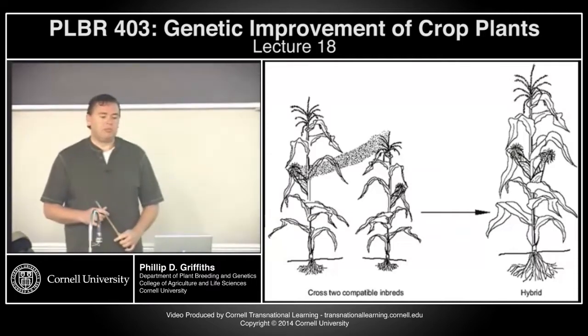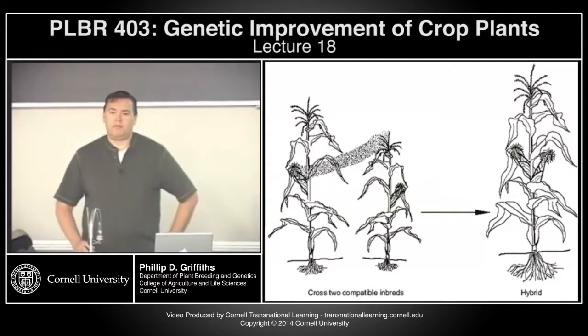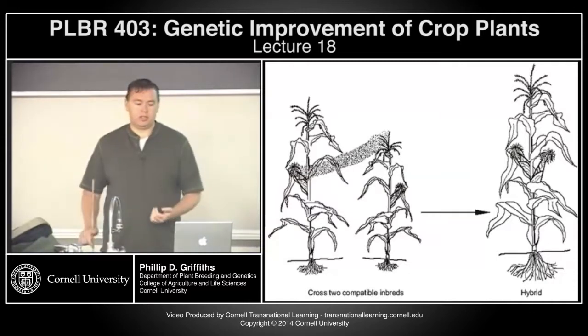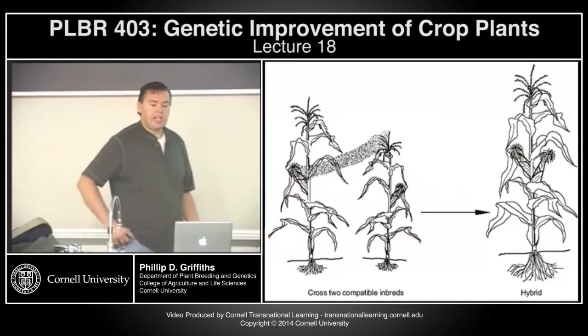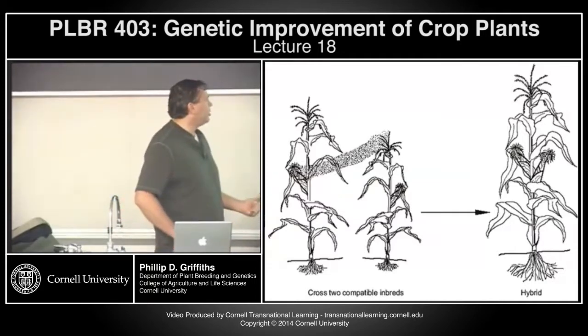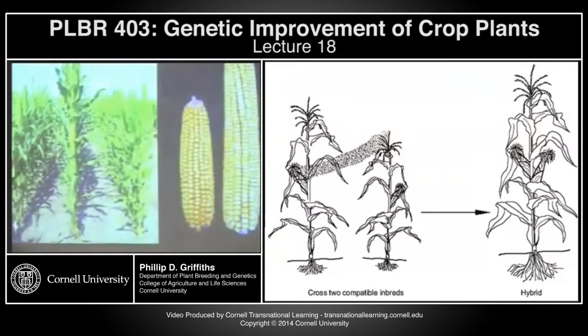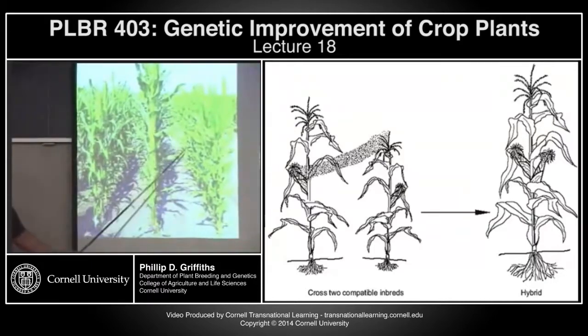When we develop parents for hybrids, though, we tend to combine different attributes within each of the inbred parents. So, for instance, in the case of corn, if we look at the two inbred parents and then the hybrid, we won't necessarily be selecting the same traits in both the male and the female parent.